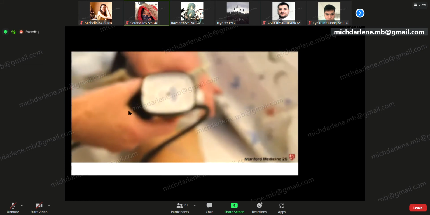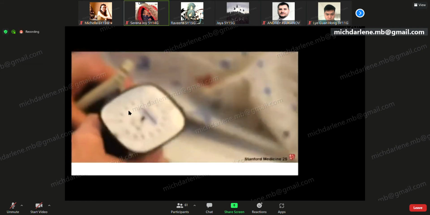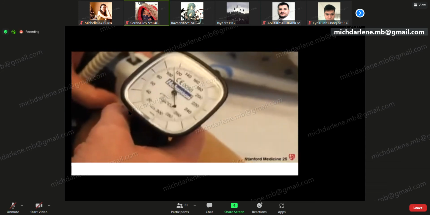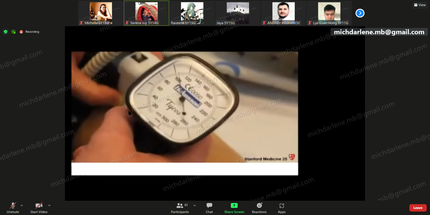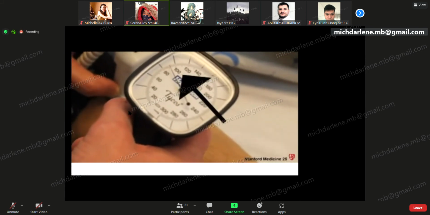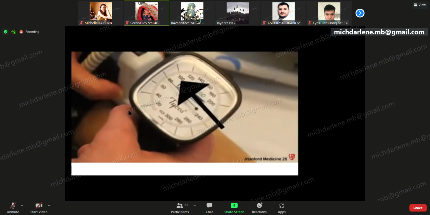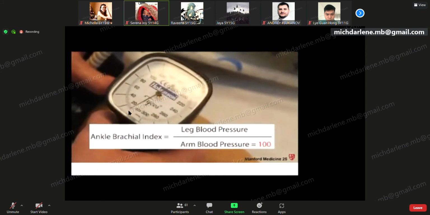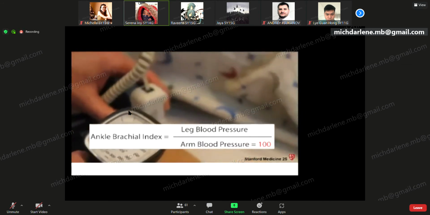Okay, and we're going to gradually release the pressure until we hear the signal again. Okay, he's got a blood pressure of 100 millimeters systolic. So that becomes our denominator for the ankle brachial index.